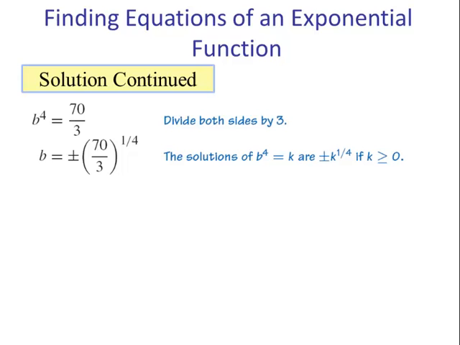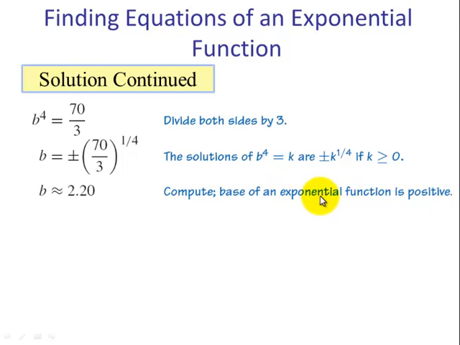Take the fourth root of 70 divided by 3 and add our plus or minus. We have the solution b equals plus or minus 2.20. Now, because in exponential functions the base is always positive, we only need to write down the positive solution, 2.20.